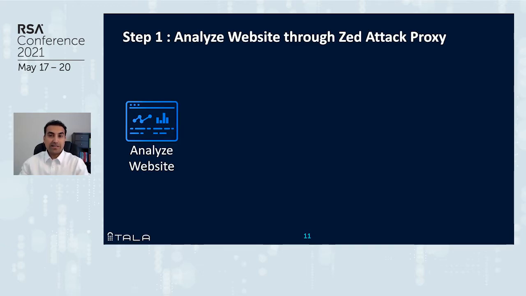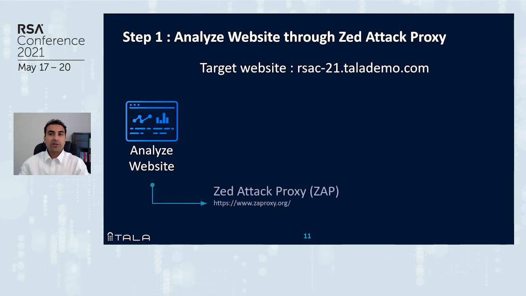So for this demo, this is the target website that I'm going to use. And for the first step, I will want to analyze the target website to understand its supply chain and look for any possible weaknesses. For this purpose, I'm going to use Zed Attack Proxy, also known as ZAP.